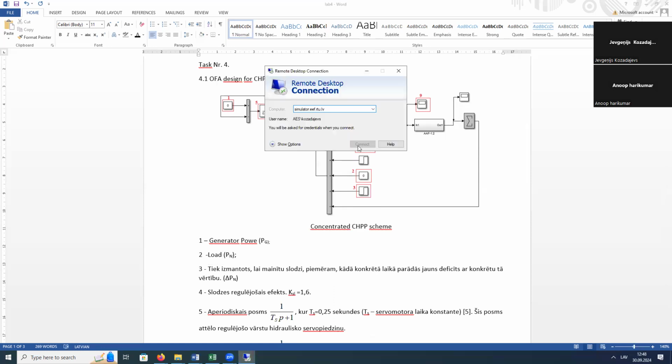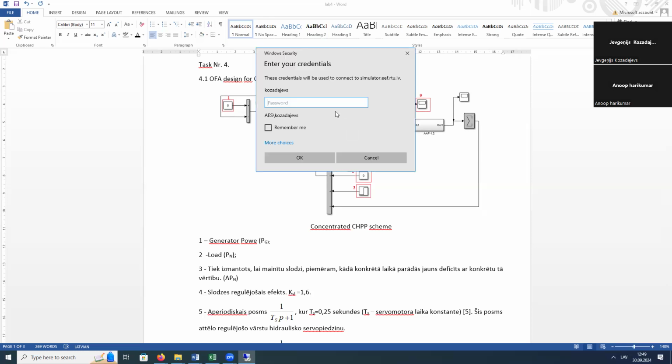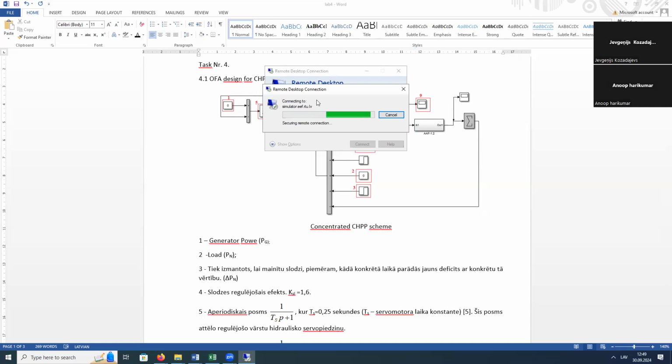I need to connect to the remote system. Okay, this could take some time. Connecting.